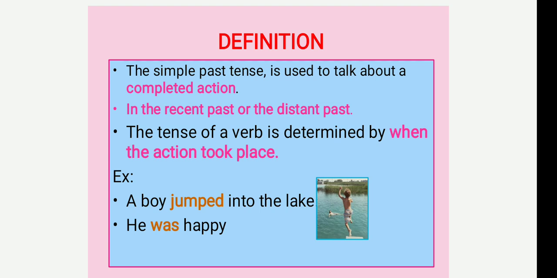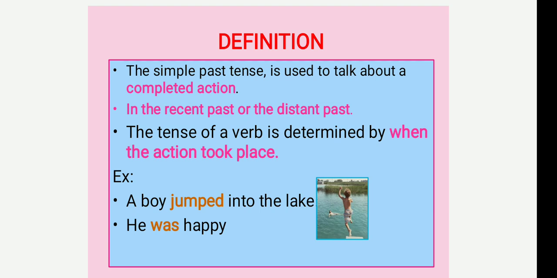For example, a boy, see the picture, what is he doing? A boy is jumping into the lake. It happened in the past. It is a photo of a boy who jumped in the lake. So a boy jumped into the lake. See the verb jumped. What is the present form of the verb jumped? Jump.